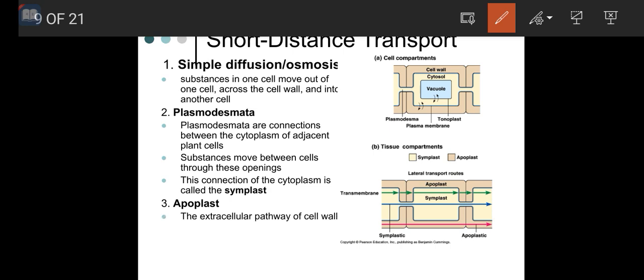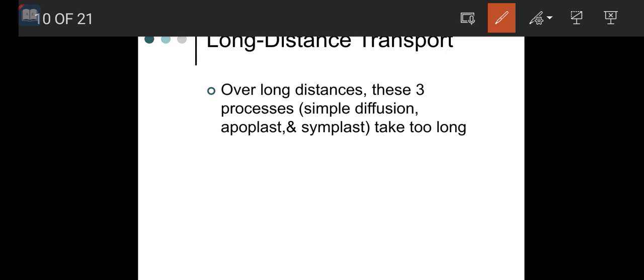This is the apoplast, the extracellular pathway of the cell wall. Substances move between cells through the connected cell walls. The apoplast and symplast mean the connecting way through the cytoplasm, and the material is also transferred by the cytoplasm.